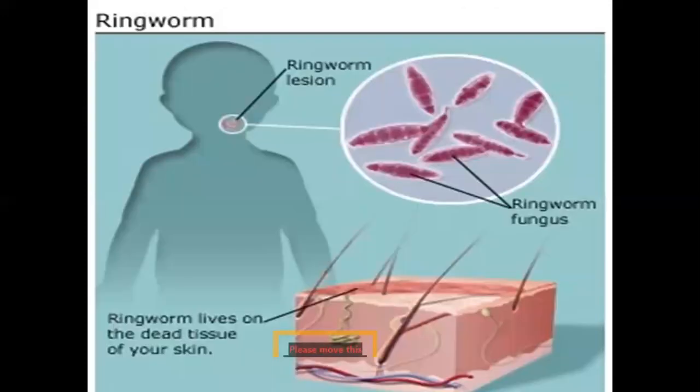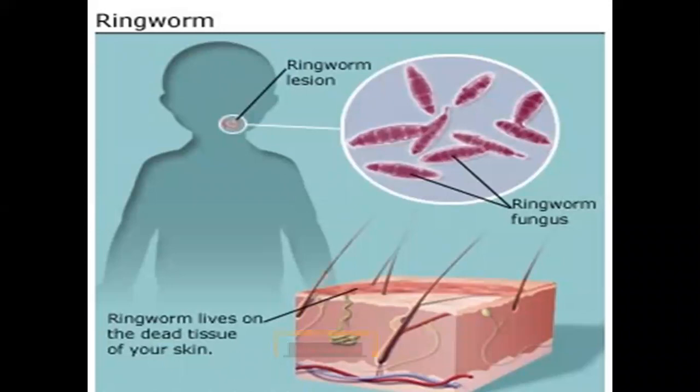This is the fungal infection, and there is a word written, ringworm. Ringworm is just a name given to the lesion of this fungal infection on the skin. I'm going to show you in the next slide.